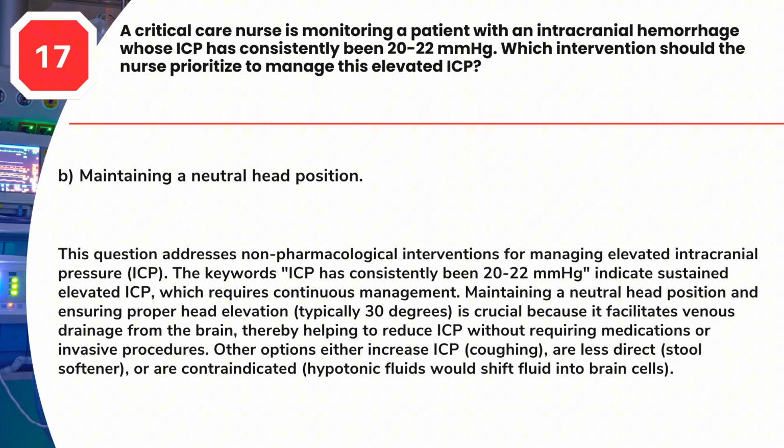Maintaining a neutral head position and ensuring proper head elevation, typically 30 degrees, is crucial because it facilitates venous drainage from the brain, thereby helping to reduce ICP without requiring medications or invasive procedures. Other options either increase ICP (coughing), are less direct (stool softener), or are contraindicated. Hypotonic fluids would shift fluid into brain cells.